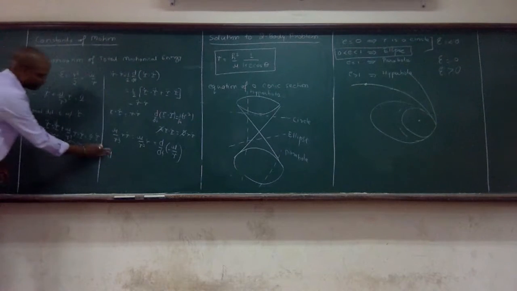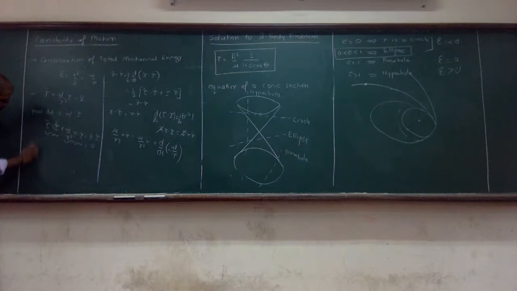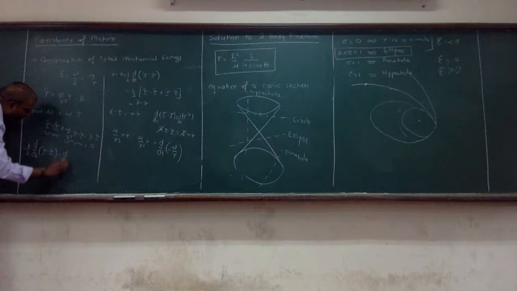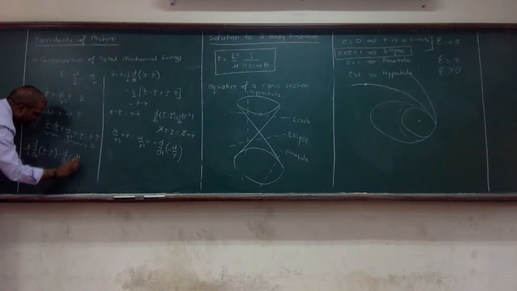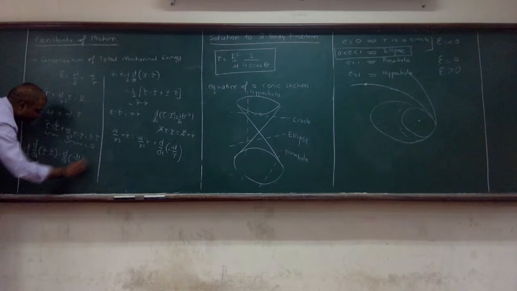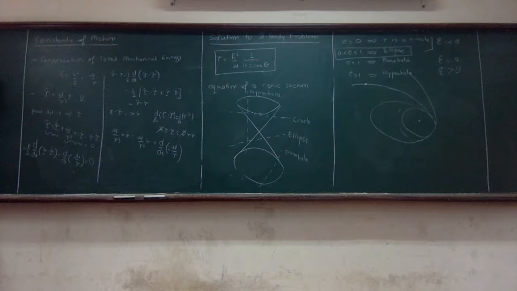The first term is d over dt of half r dot with r dot, minus d over dt of mu over r, equal to zero, right?